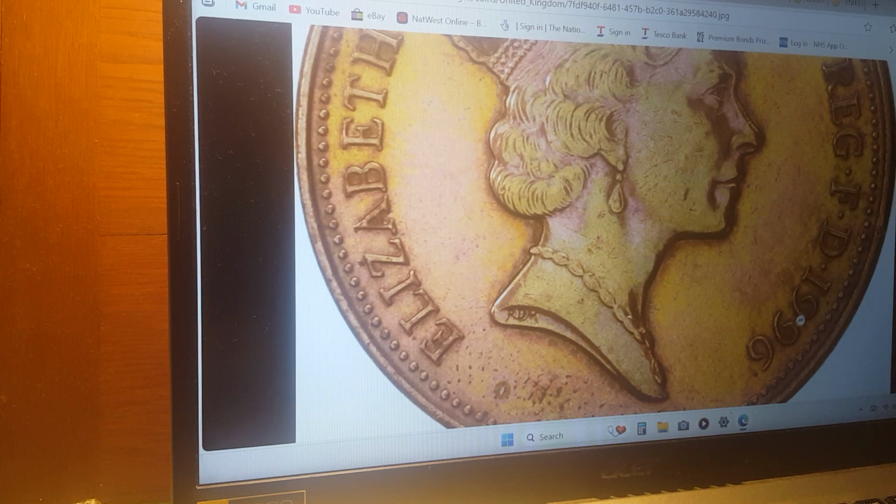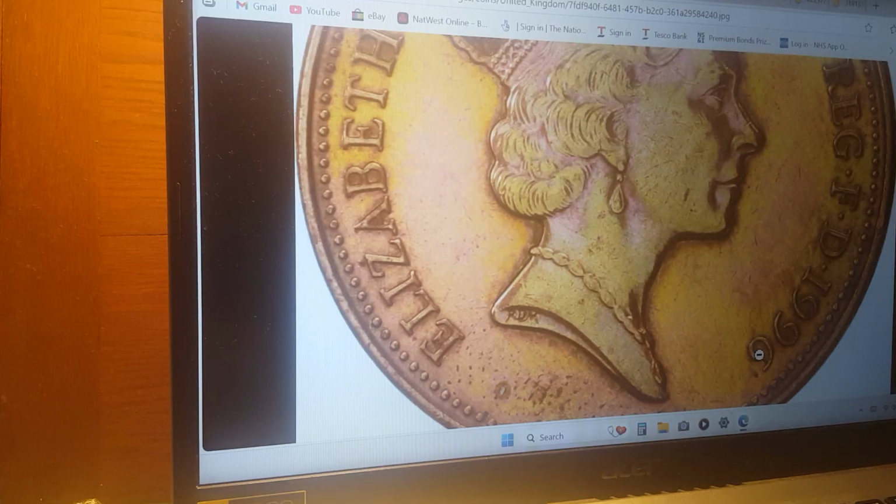Because you've got all these different types of 9s, and I'm going to assume it's the same with the 6s. But of course, with the 6s, you're limited to 1976, 1986, 1996, 2006.